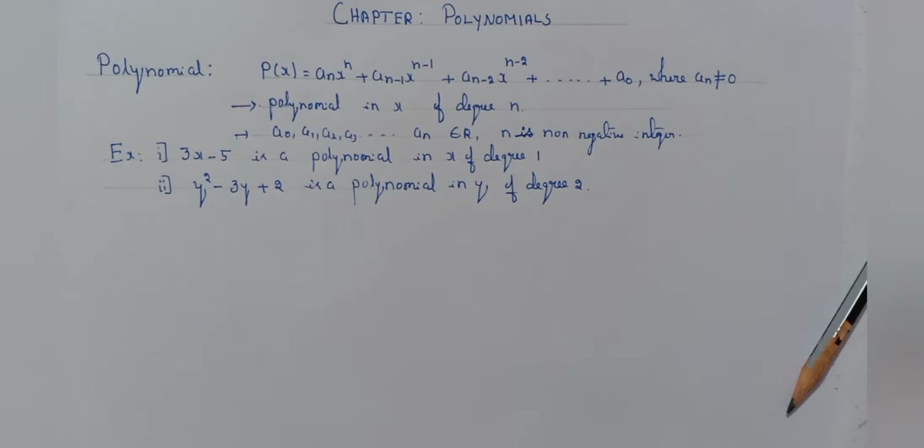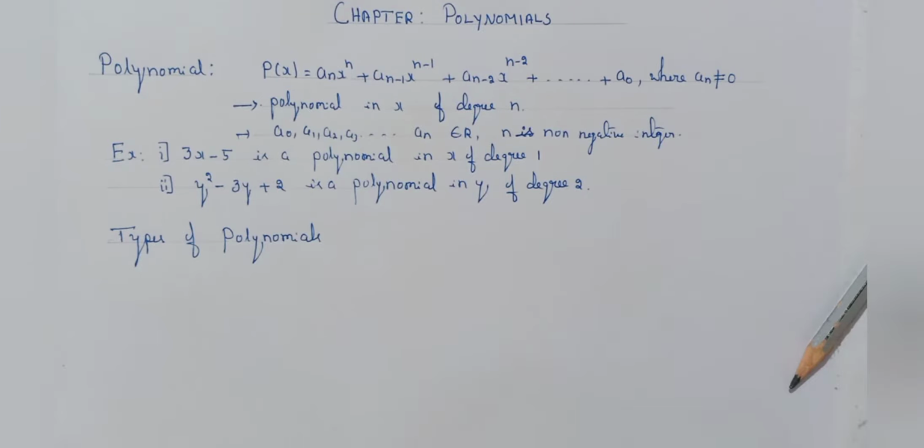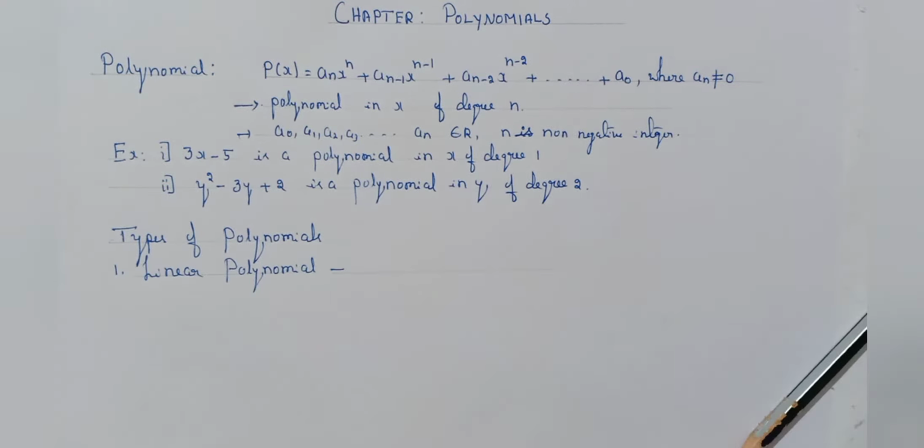Next, types of polynomials. Depending upon the degrees of polynomials, we can classify the polynomials into 4 types: linear polynomial, quadratic polynomial, cubic polynomial and biquadratic polynomial. Then, what is a linear polynomial?